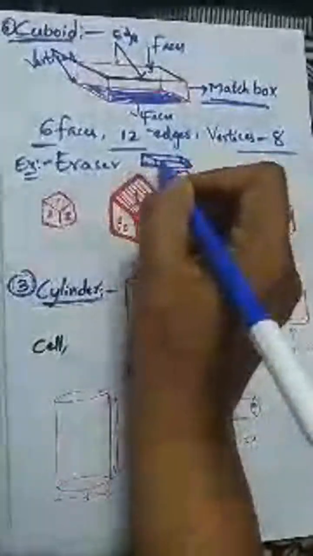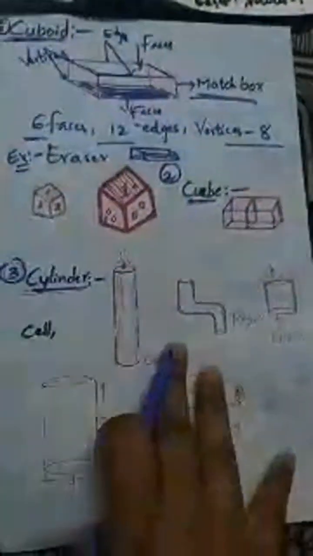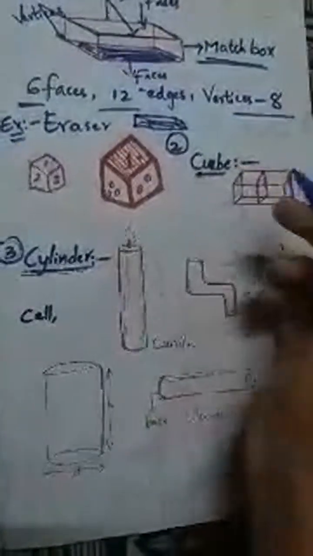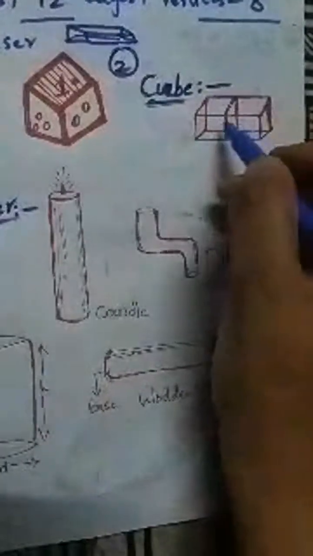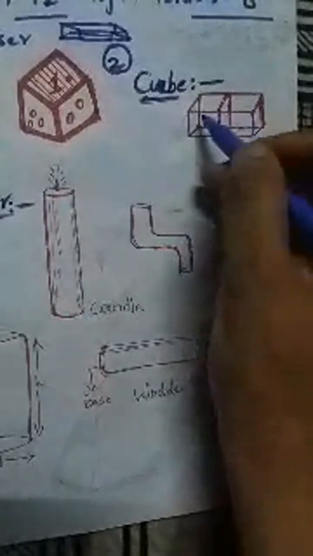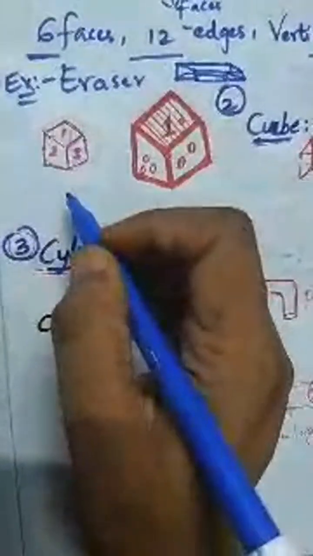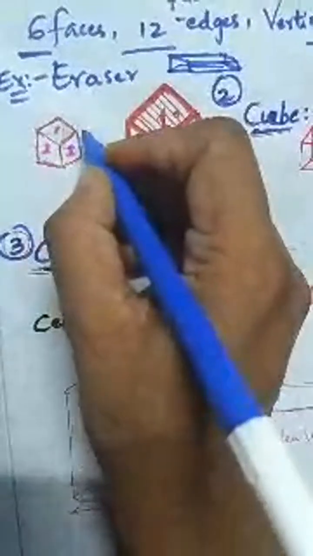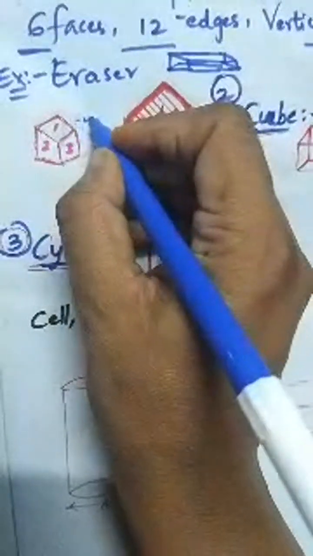This is the picture of another example, an eraser. Now what is a cube? Next is cube. Cube means this is a double faced cuboid. Two joined cubes are there, and this is the dice. And another example also, one dice is there, 1 2 3, and here this face comes to this side, that is 4.